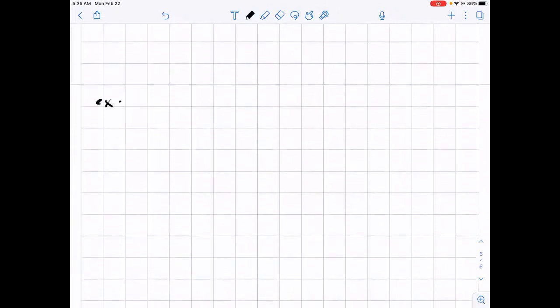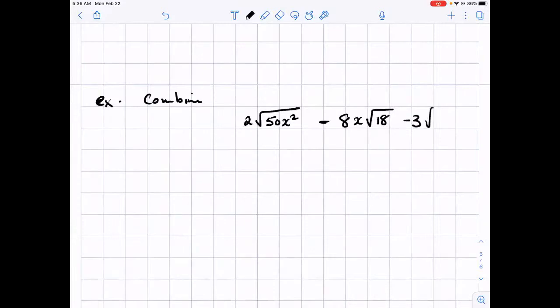So example, if I ask you to combine, let's say, 2 radical 50x squared, and the x squared is under the radical, minus 8x radical 18, minus 3 radical 72x squared.